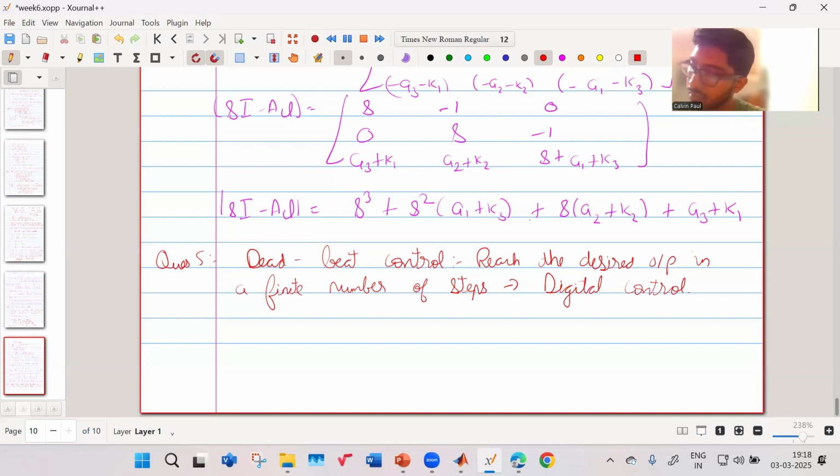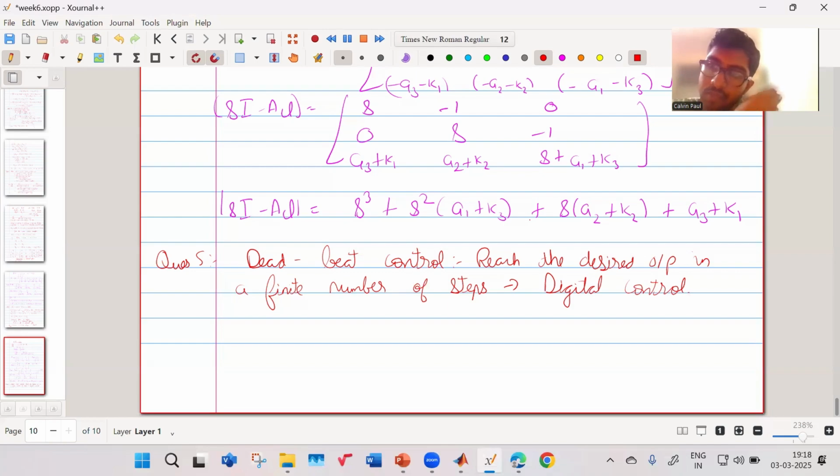Settling time is the time at which the output settles to the desired value within a range like plus or minus 2% error. And the time constant is how much time your output takes to reach 63.3% of your desired output.